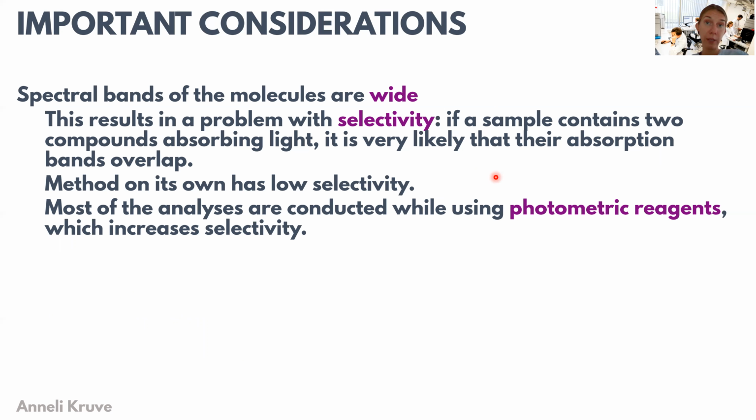Firstly, the reactivity of the metal with the photometric reagents, so that the reagents would already be selective in reacting with only some of the metals, not all of the metals. And additionally, the wavelength, which usually shifts to longer wavelength, and the overlap with the absorption bands of the other compounds in the sample is thereby decreased.